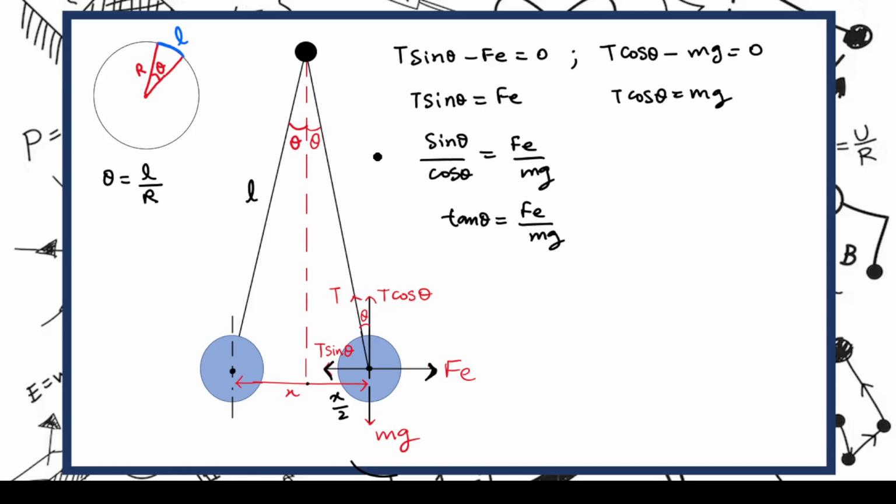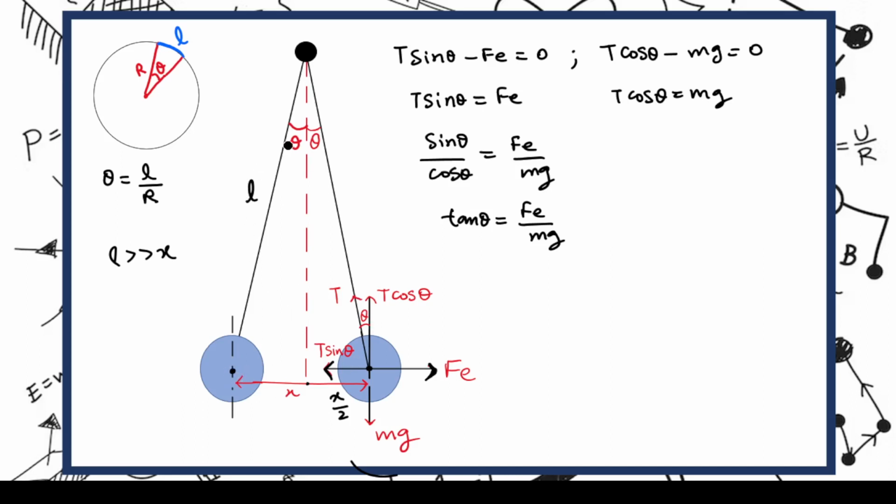Guys, in this problem, it is also given that the length of the string is much bigger than the distance the spheres are separated by. We are calculating equations at some instant where spheres are losing charge and they are separated by distance x. If we see, these spheres are suspended by constant length string L, they will try to move along the periphery of a circle.